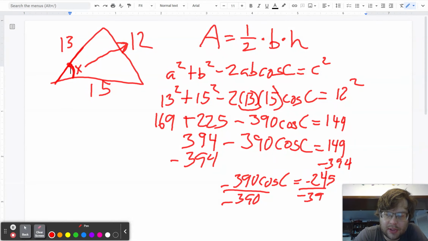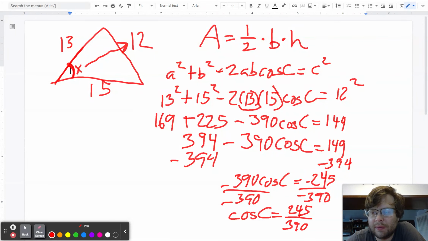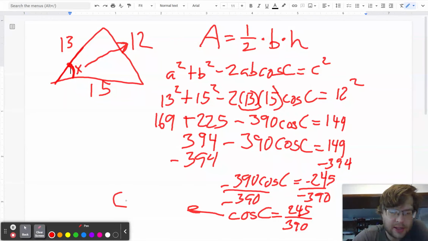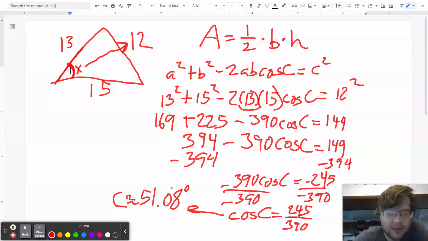I'm going to pause for a second because I'm going to find the inverse cosine of this number. And you can always just use Google, but I'm going to pause so I can get that number. Okay, so according to when I Googled it, I did the inverse cosine, and I got that C is about 51.08 degrees. That seems pretty reasonable.